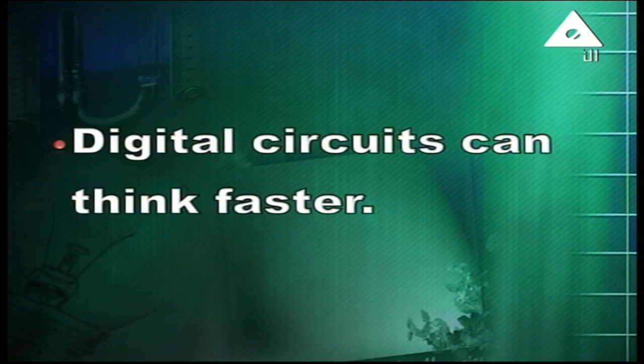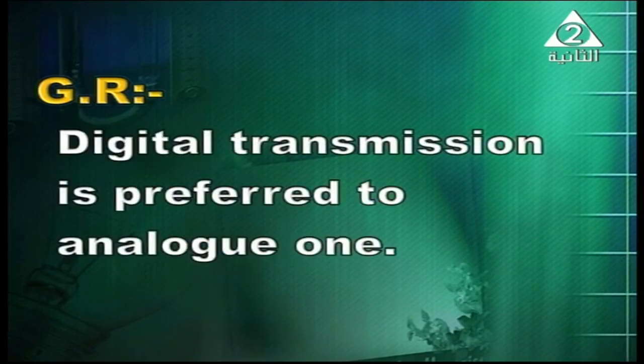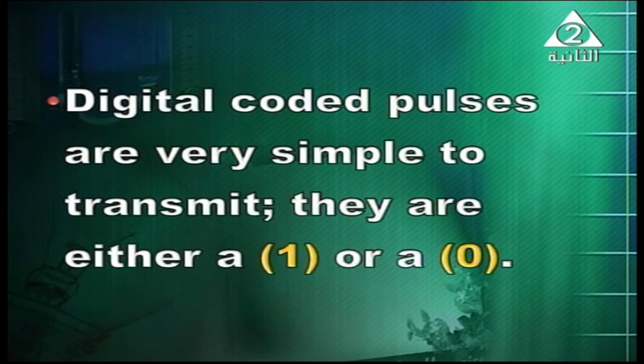Digital circuits can think faster, and we've got a very important reason to give here. Digital transmission is preferred to analog one. Digital coded pulses are very simple to transmit.